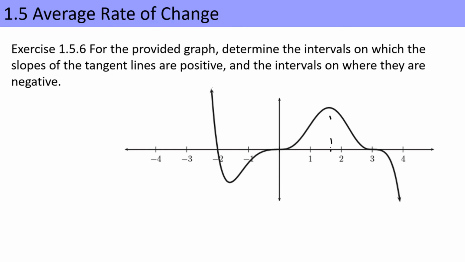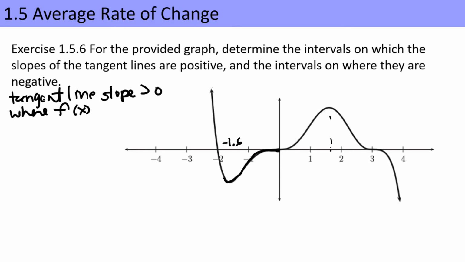Let's observe, reading the graph from the left to right, at approximately -1.6, all the way to the origin, the graph is increasing. So we'll say tangent line slope is positive where the graph is increasing.